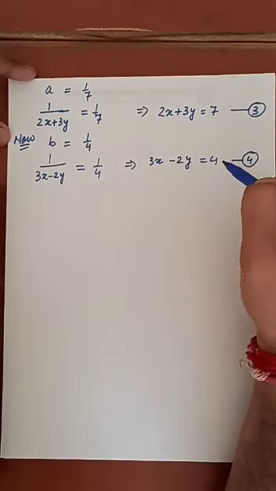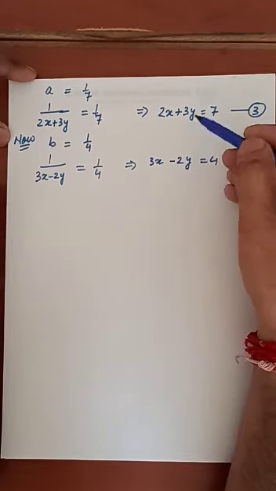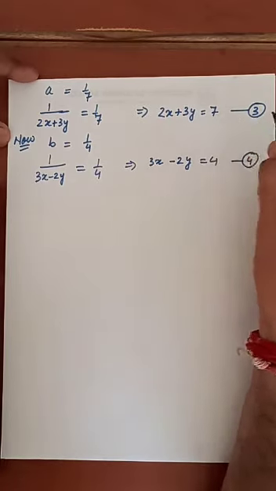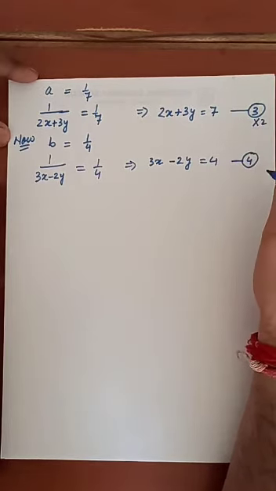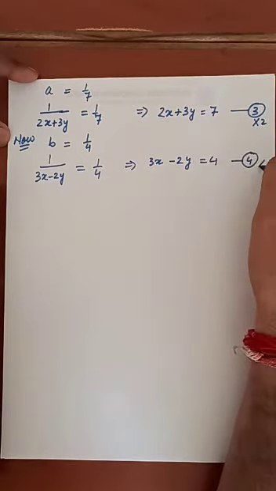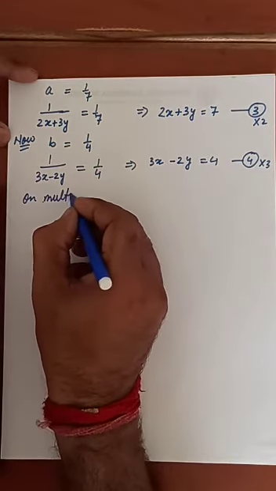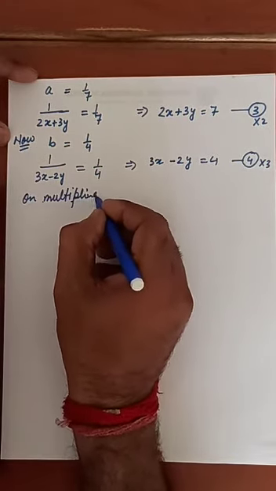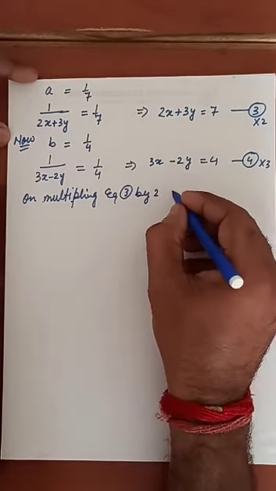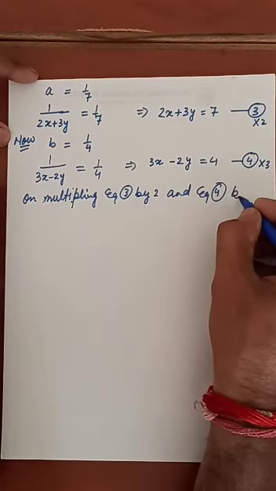What you can do over here, if you want to eliminate y, the coefficients of y are different. Here it is 2, here it is 3, so you can multiply by 2 in equation number 3, and the coefficient of y, 3, you can multiply over here. So you can mention, on multiplying equation number 3 by 2 and equation number 4 by 3.